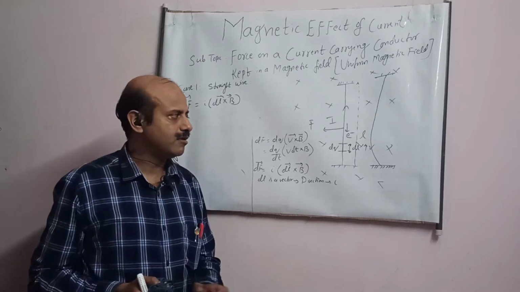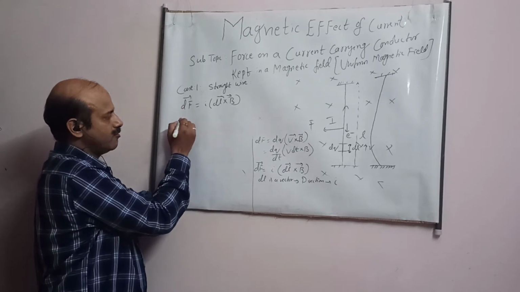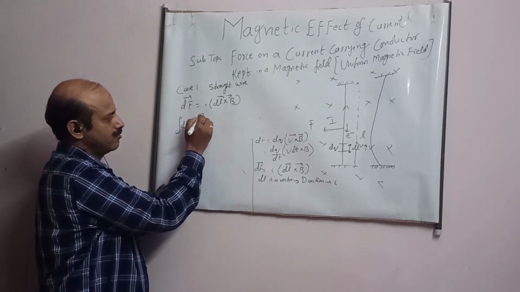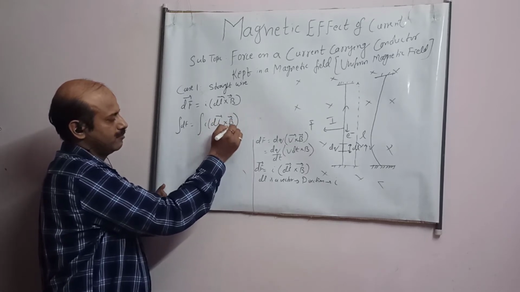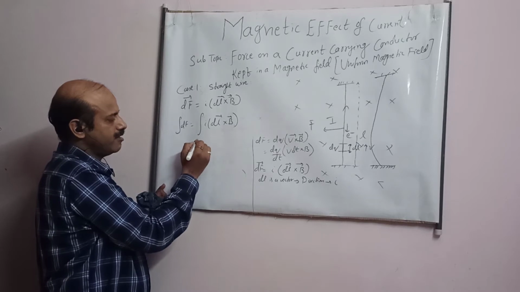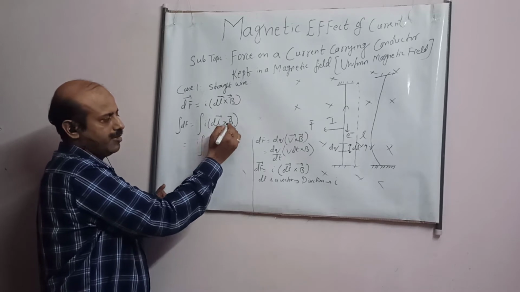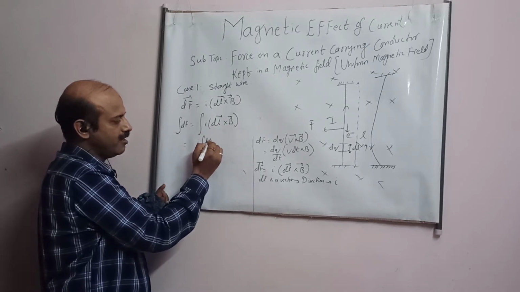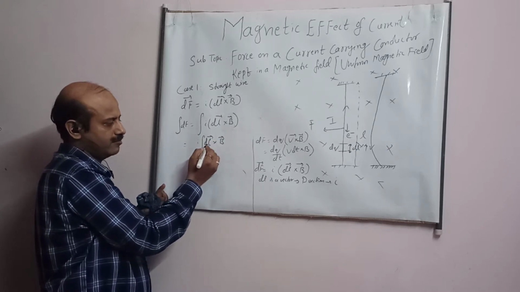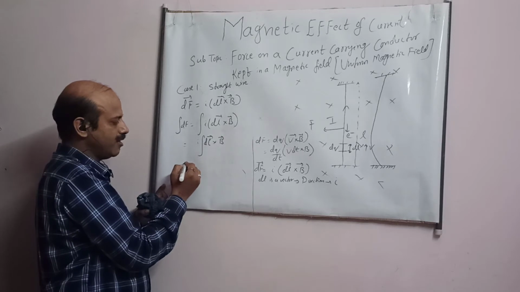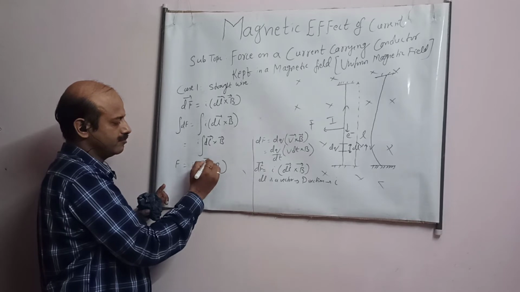Now I have to find the force throughout the length, so I have to integrate. I is constant, B is also constant, hence the integration factor is only dl. This has to be integrated, and as I have taken the total length to be L, I will get the net force I L cross B.